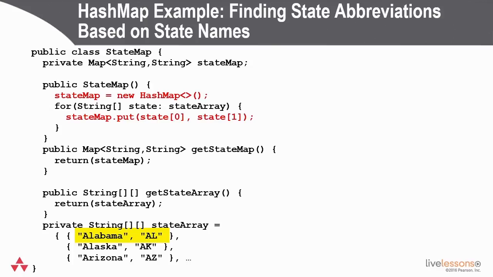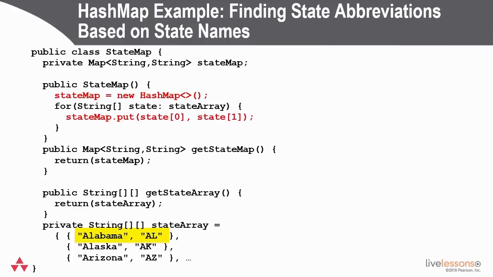But suppose I'm going to do this thousands of times, millions of times, billions of times. I have some sort of lookup service that's being used by the post office, and I'm going to pass in a state name like Alabama, and I'm going to get out a state abbreviation like AL. It's worth the effort of copying out of the array into a HashMap once, so then I can retrieve against that HashMap millions of times.